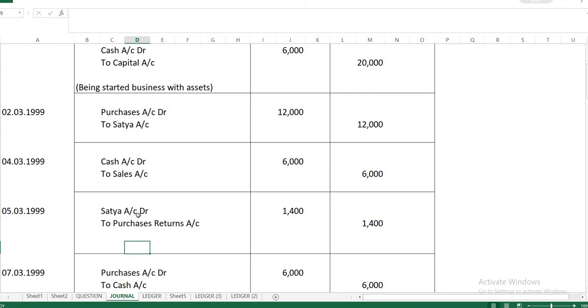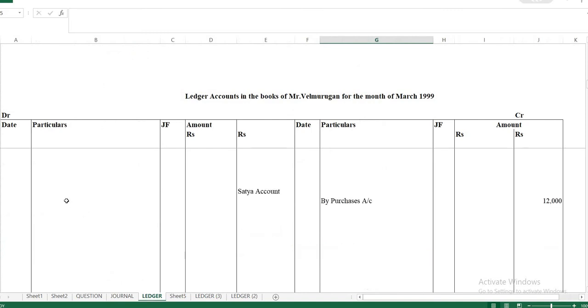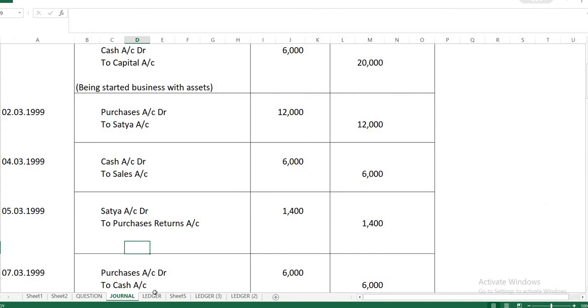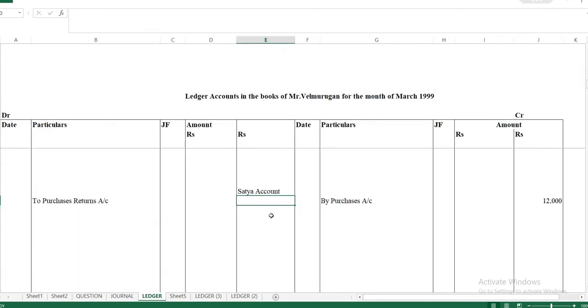So in the Satya account, on the debit side, you have to mention "to purchases returns account". That amount, 1,400, you have to mention over here.